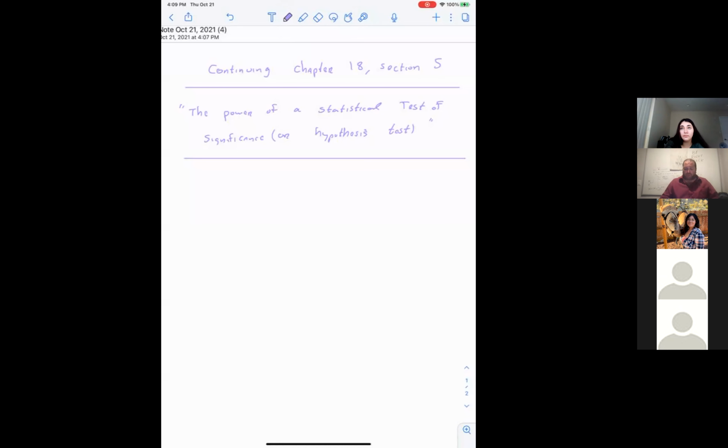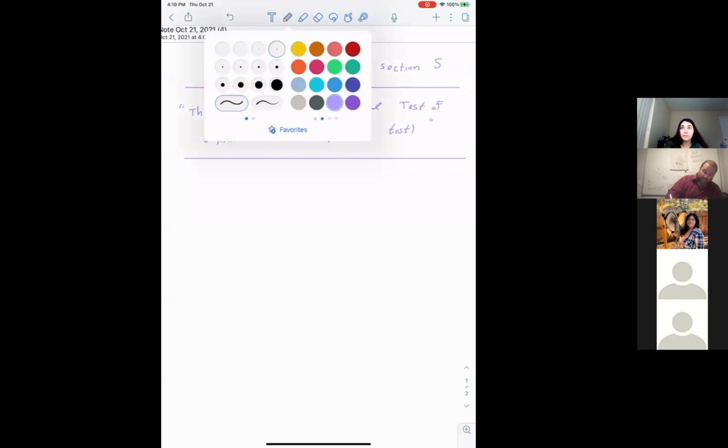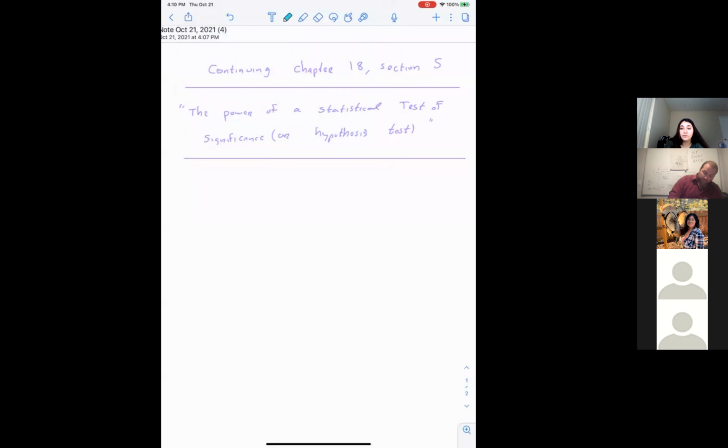We're dealing with the power of a statistical test of significance. So let's remind ourselves what goes on in a statistical test. The main ideas of a statistical test are: we start with a belief called the null hypothesis, H naught.